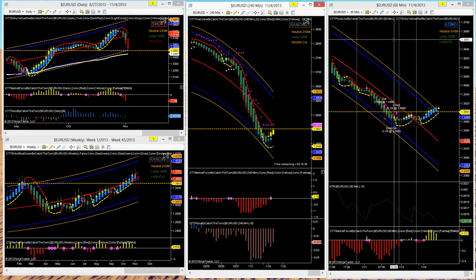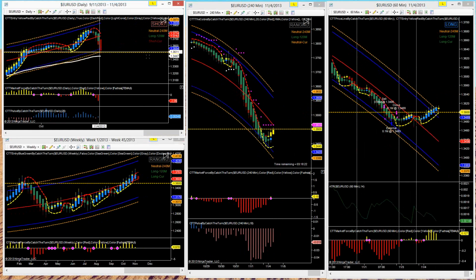Overall, looking at the weekly, we are short, just turned short. Daily, only a few days, 1, 2, 3 days, just getting started going short. So we have a lot of momentum to the downside. The ocean is pointing straight down. Everything is telling us we're going down. All right.